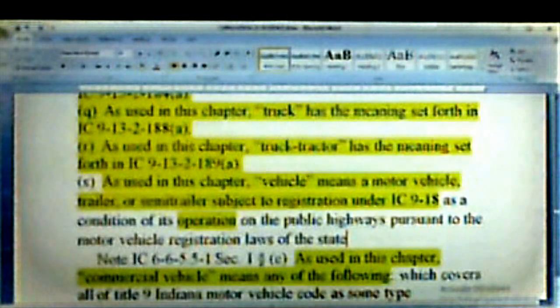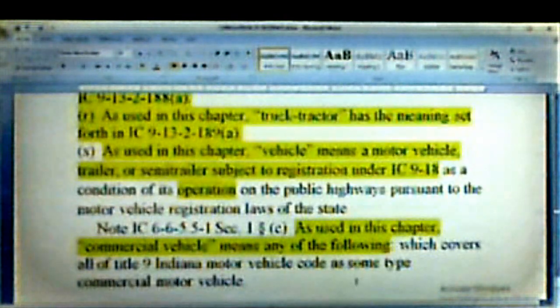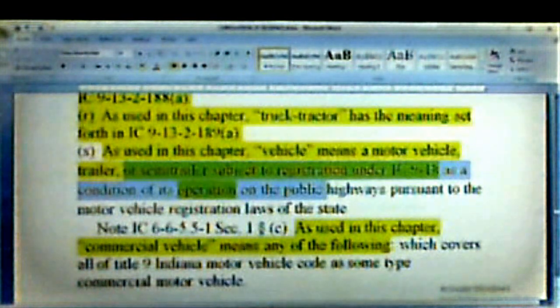So, who's required to register here? Only vehicles such as semis or motor vehicles that are used in the operation, in a commercial operation. Now, this would be a taxi cab, because that taxi driver, he's receiving a fare, fee, wage or rate to transport somebody from one point to another. Okay?